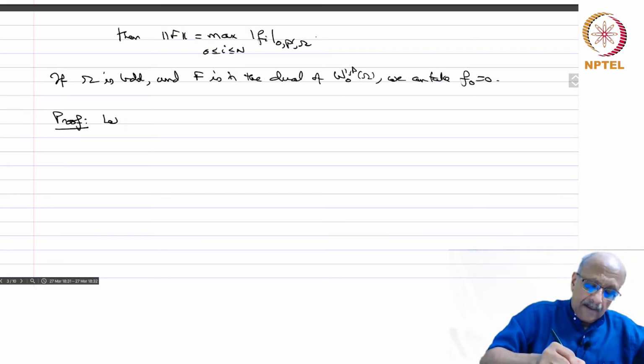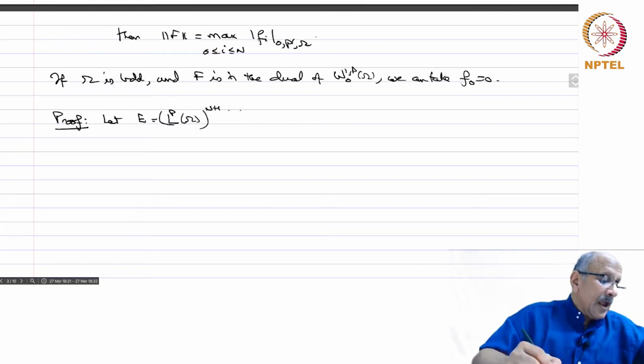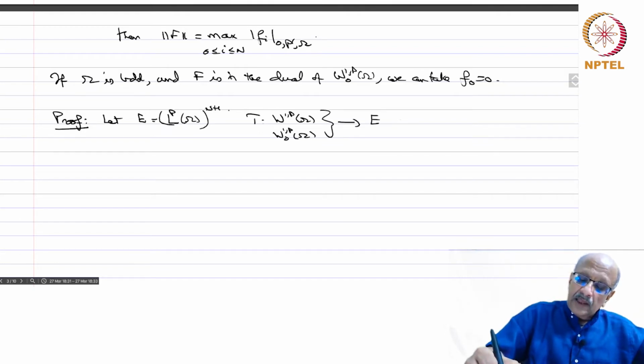So let E equal to L^p(omega) to the power n+1, and let T from W^{1,p}(omega) or W^{1,p}_0(omega), it does not matter whichever, to E be the natural isometry.